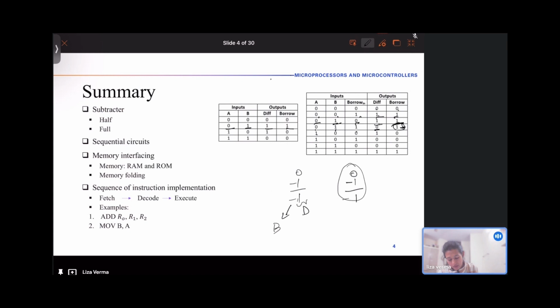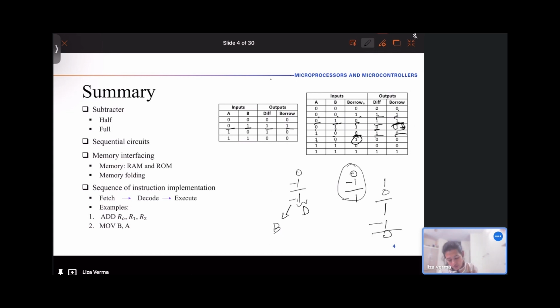Next one, 1 minus 0 is difference of 1, and that 1 minus 0 will give us difference of 1 and borrow of 0, right? So 1 minus 0 is 1. Again this b in is 1. You again subtract it by 1.